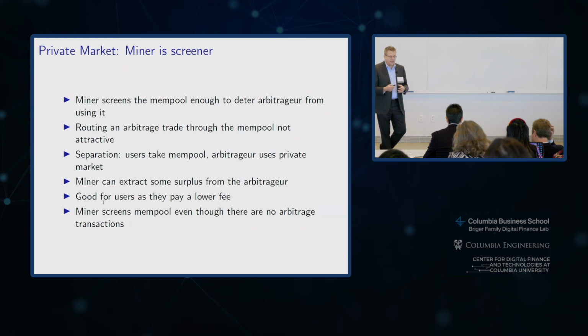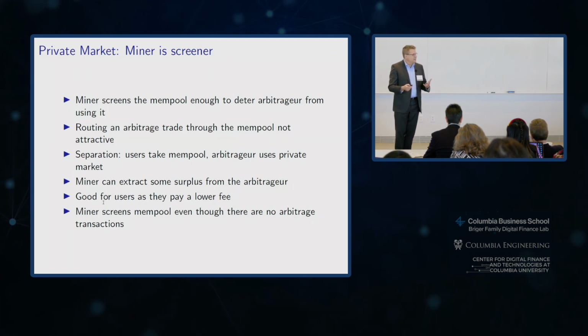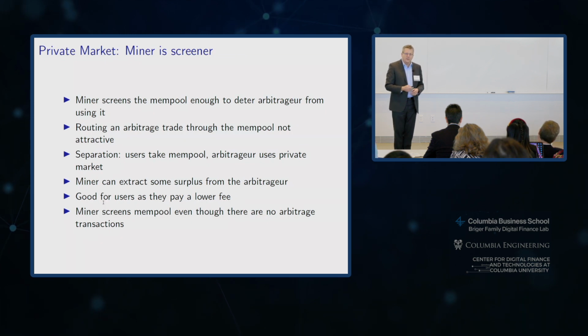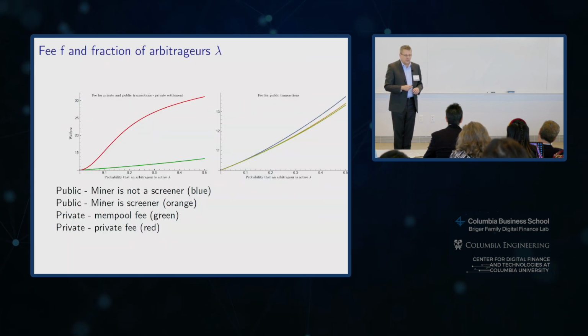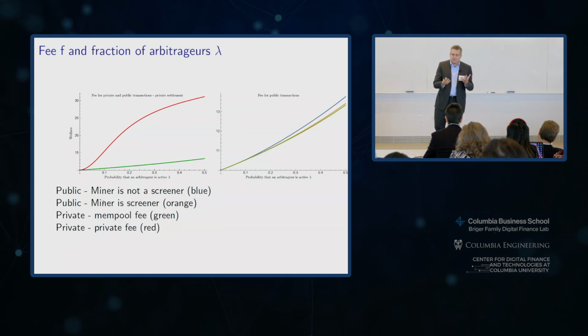So MEV and these Flashbots type of interfaces actually generate welfare, because now it's easier for the ordinary users to participate. We have some kind of cross-subsidy from the MEV bots to the ordinary users as they pay a lower fee.